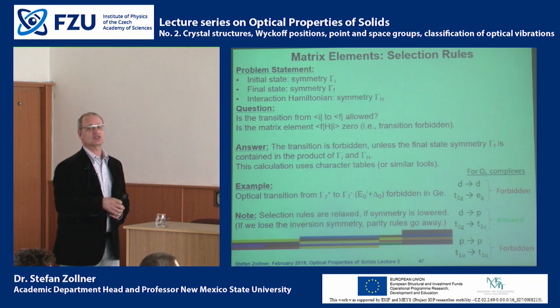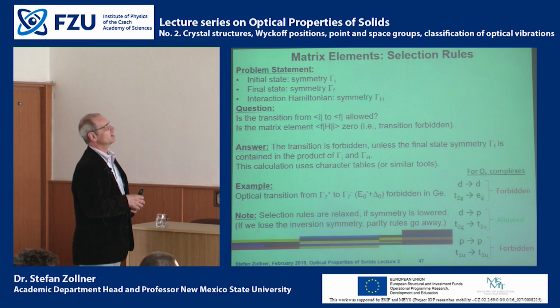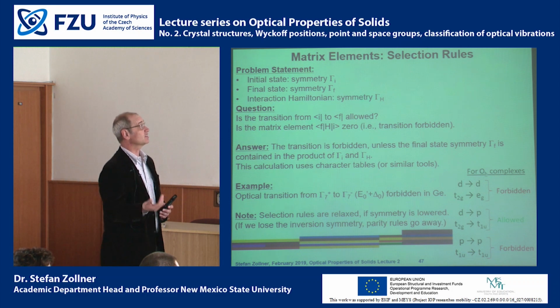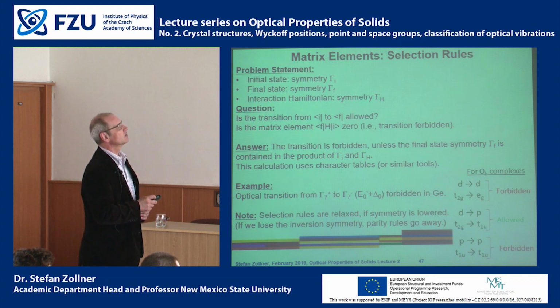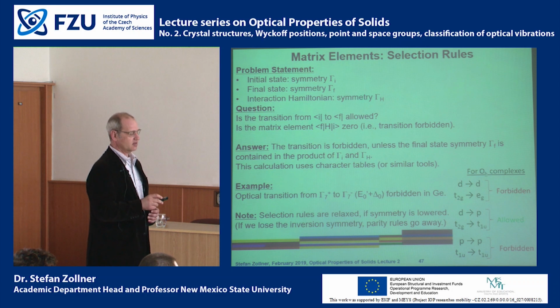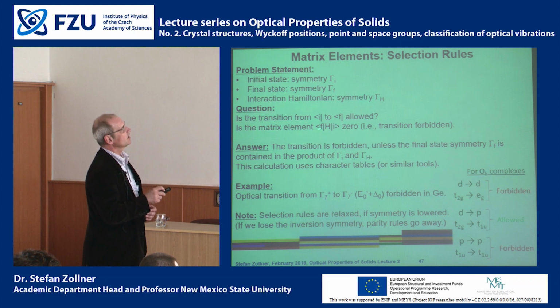And the answer to that is that the transition is forbidden unless the symmetry of the final state is contained in the product of the representations of the initial state and the Hamiltonian. That calculation is easier than it sounds if we refer to the relevant character tables.